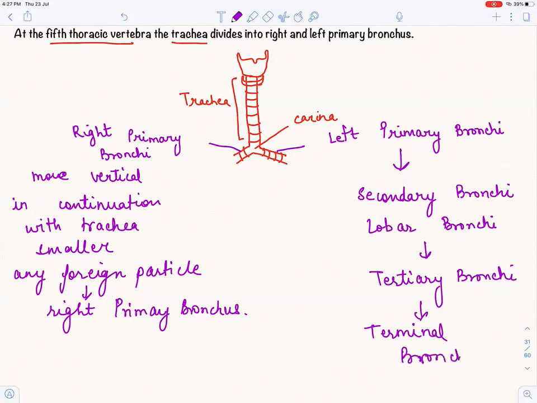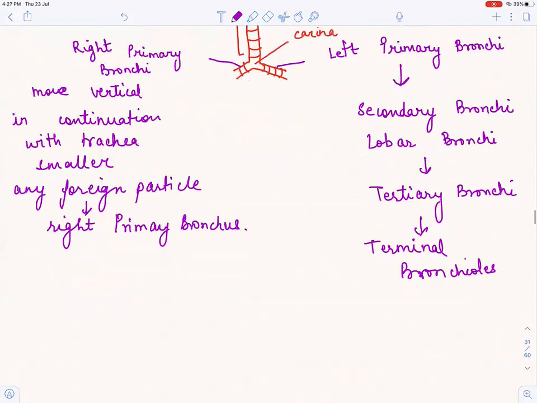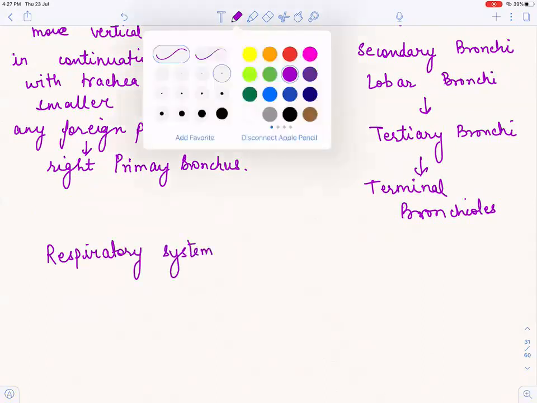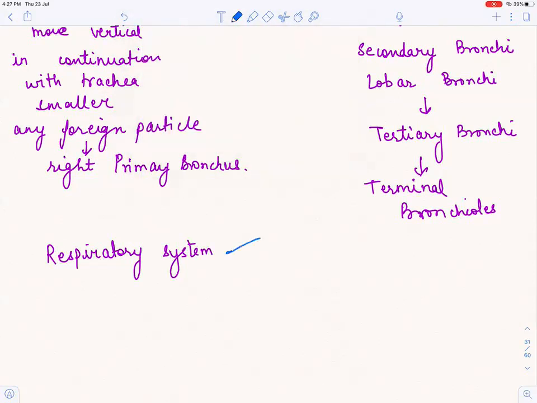Terminal bronchioles. If you remember, I had told you that the respiratory system can be divided into two parts: the conducting part and the respiratory part.